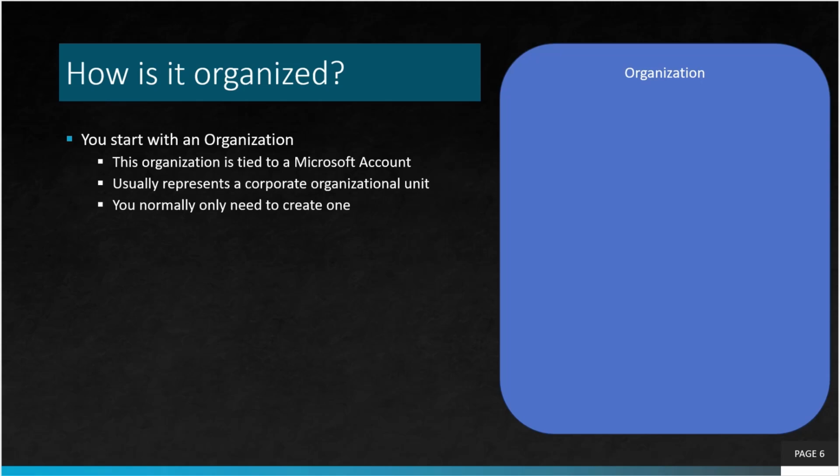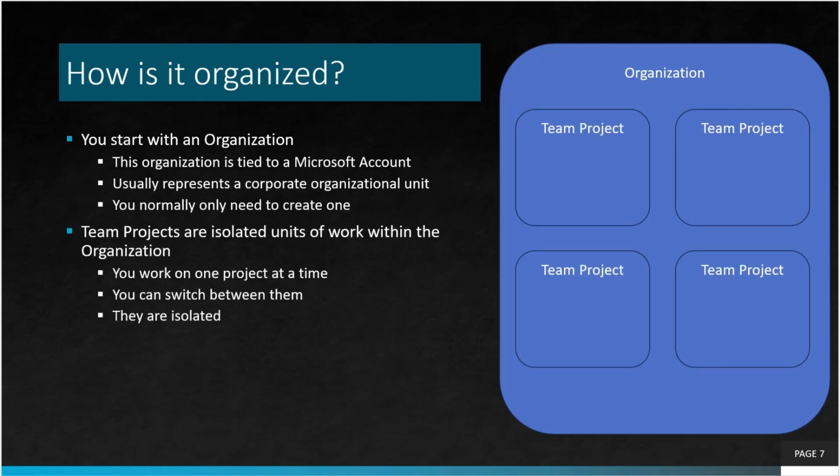And within that organization, then you can build team projects. The team projects are isolated, so the resources and the teams that are in each project belong only to that project. They cannot cross to other team projects, and it's the same with the code and all the things. Everything's isolated.